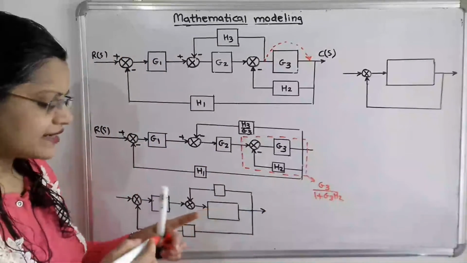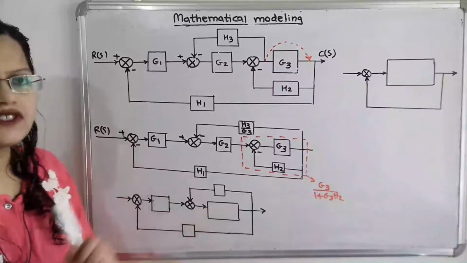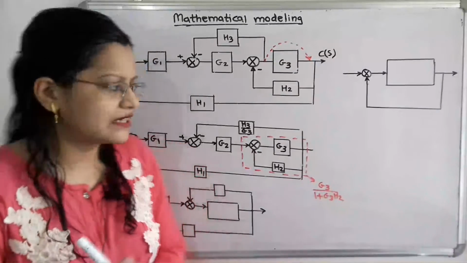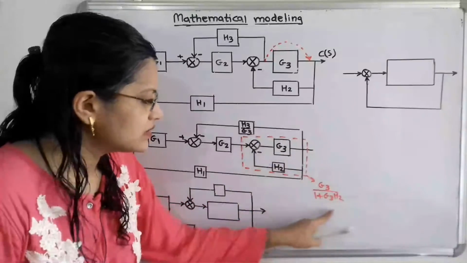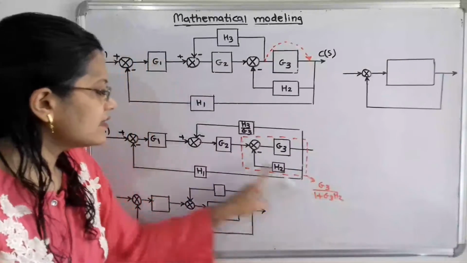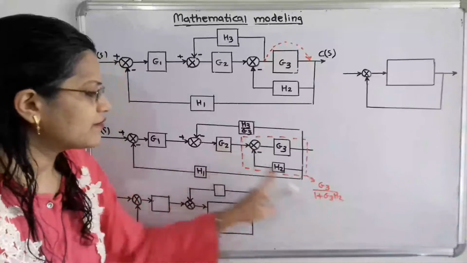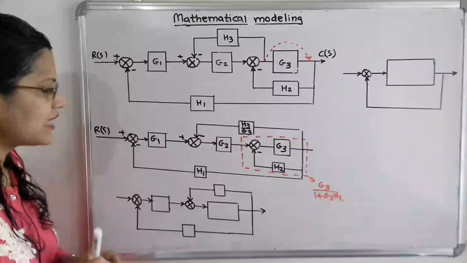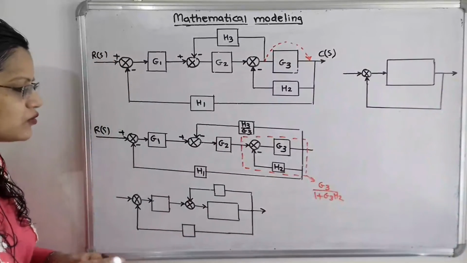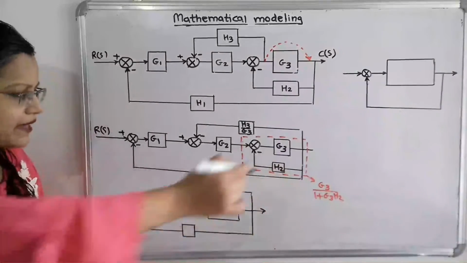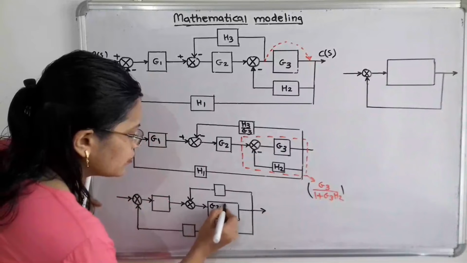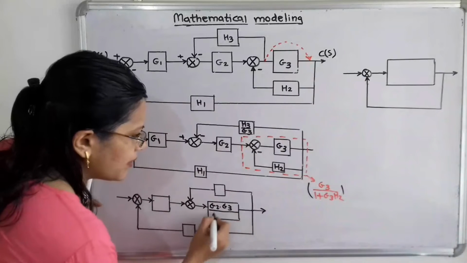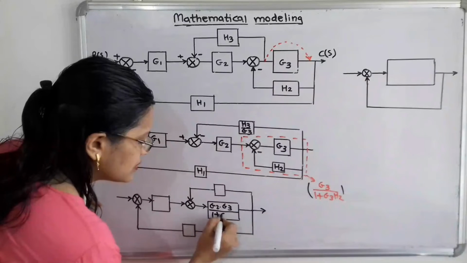Blocks in cascade means we have to just multiply G2 with this total answer. So both the procedures are done simultaneously, that is elimination of this feedback loop. After elimination, this is the block, and then the blocks in cascade we will combine. That means the answer is G2 into G3 divided by 1 plus G3H2.